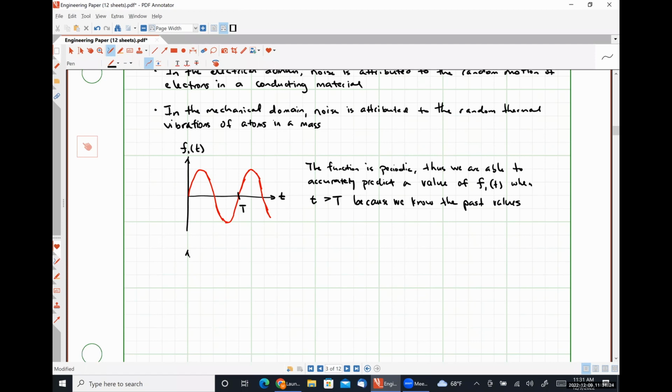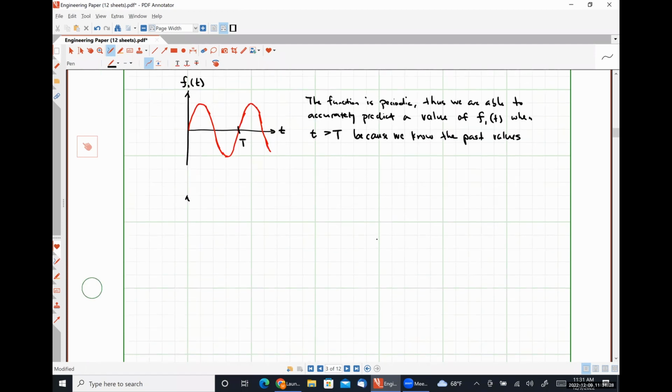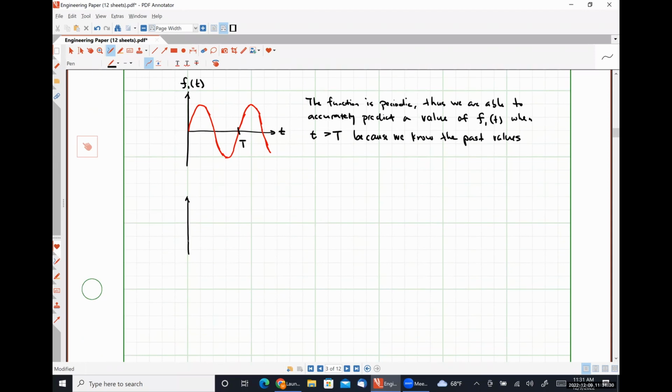If we look at a different signal, and really it can be any aperiodic signal, call this F2.